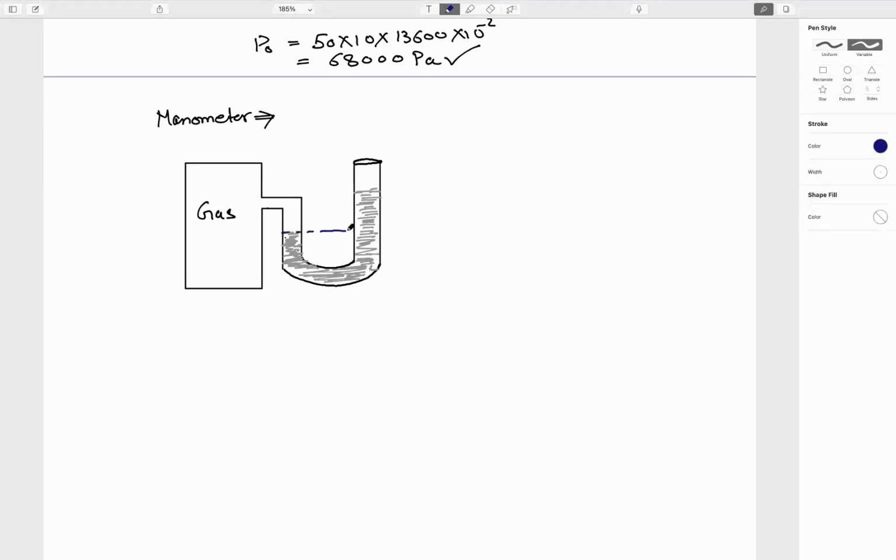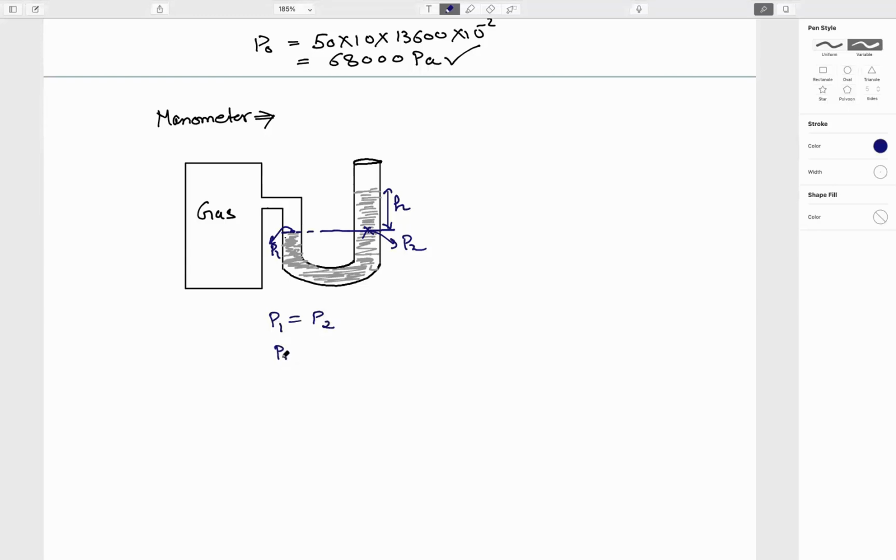And if I have to calculate the pressure at this point, this is H. So the pressure here is, let's say, P1, and here is P2. Along the horizontal line there shouldn't be any change in pressure, so P1 should be equal to P2.